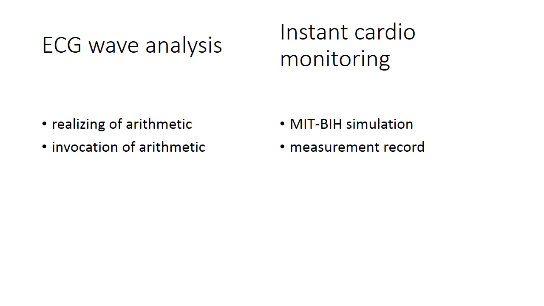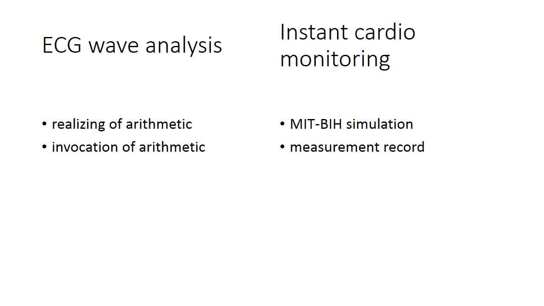Indexing cardio signal characteristic points is about finding cardio signal characteristic points, including locating the R wave, the start of the Q wave, and the end of the S wave. So this is the key part of the analysis. We have to choose the right arithmetic to get the most accurate result in the fastest time.